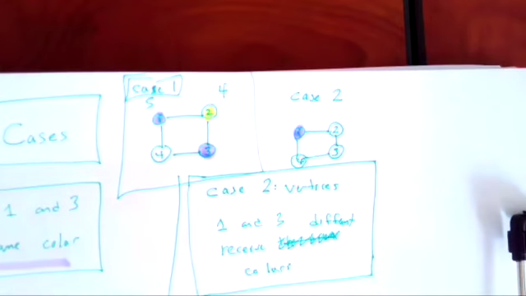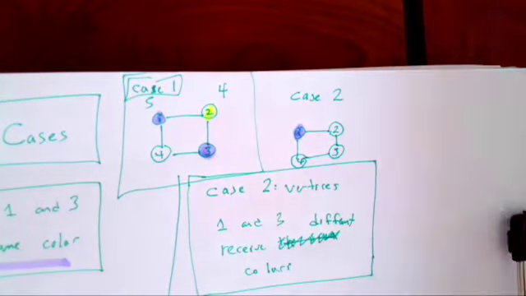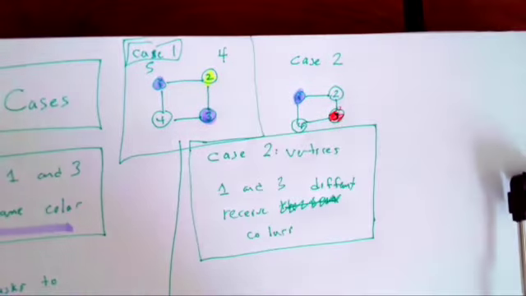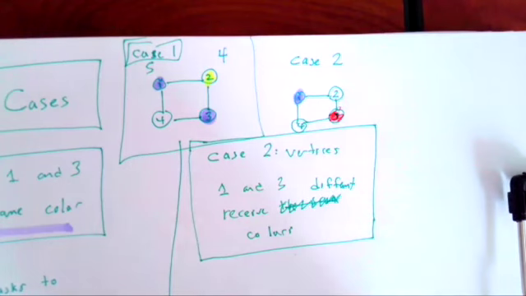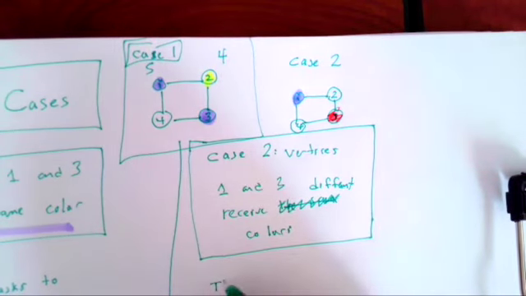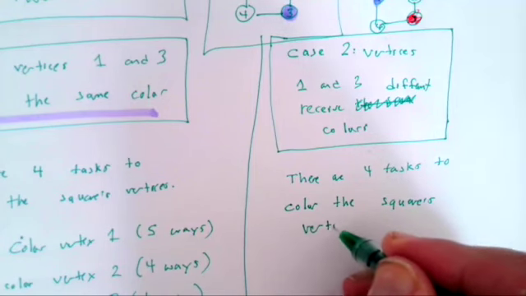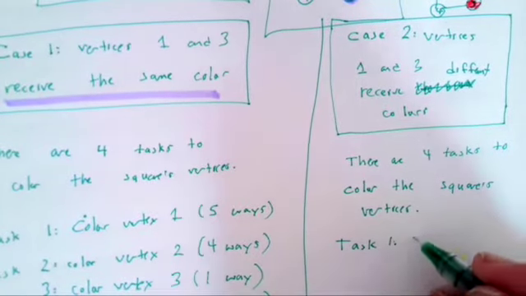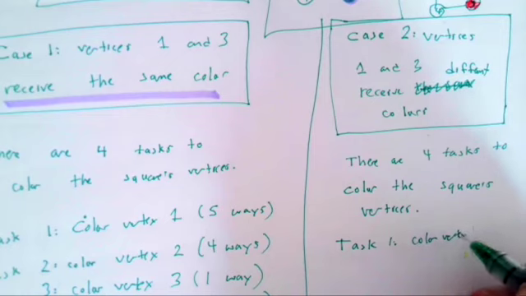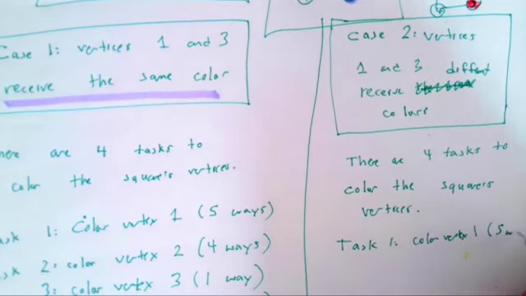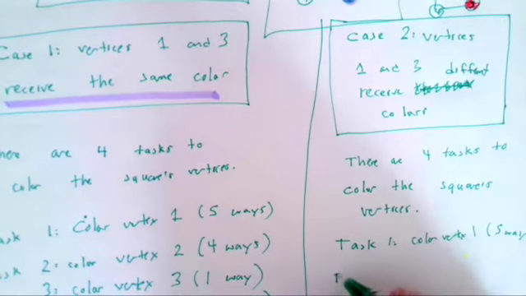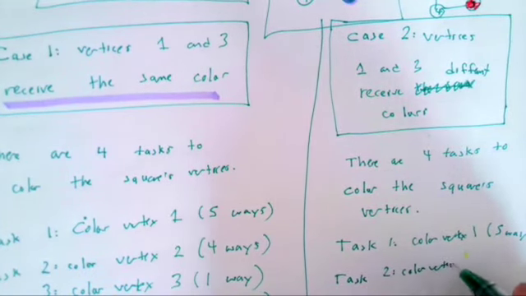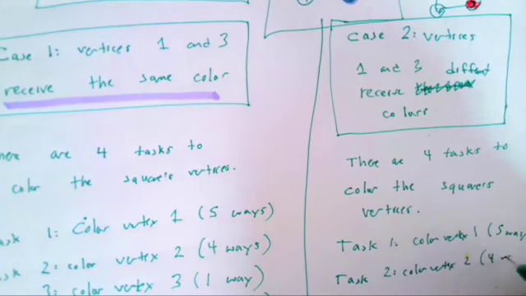Case 2, vertices 1 and 3 receive different colors. I could have picked any of the 5 colors for vertex 1. So again, there are 4 tasks to color the square's vertices. Task 1 is to color vertex 1, 5 ways. Task 2 is to color vertex 2, 4 ways.